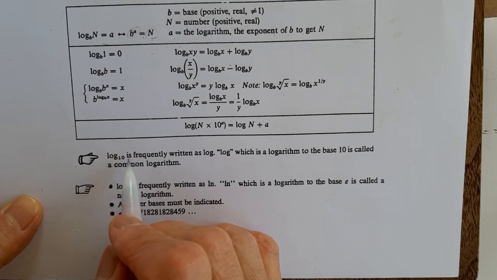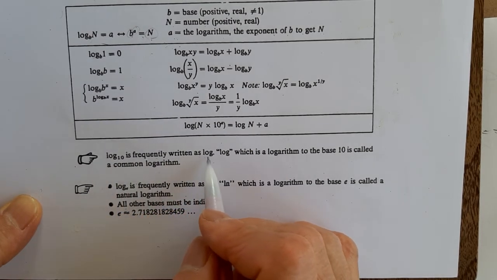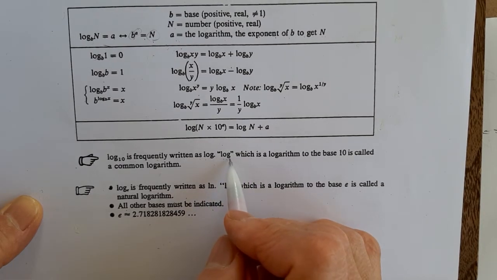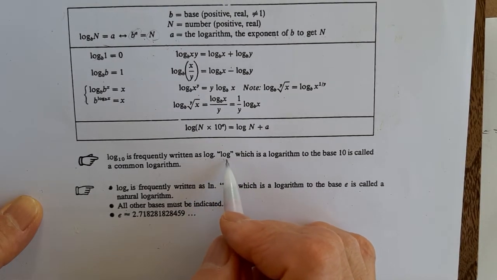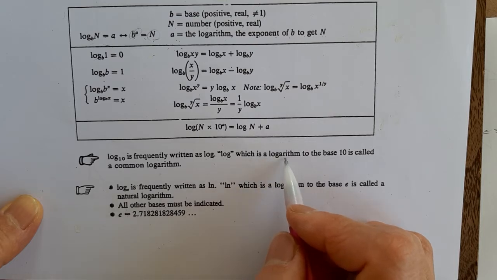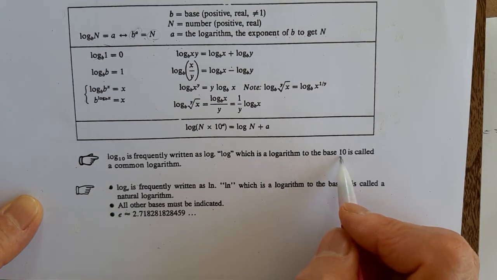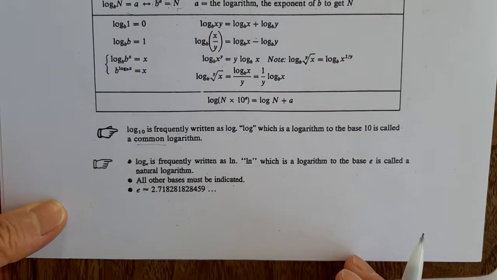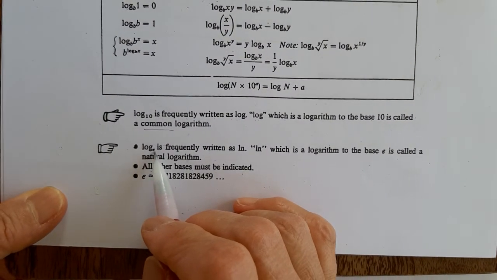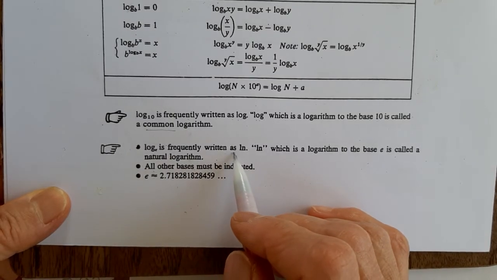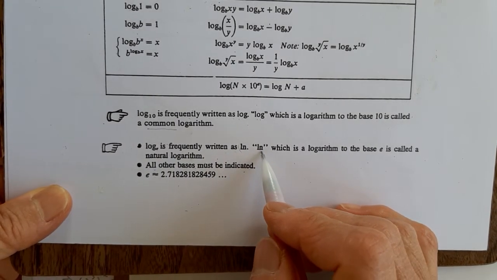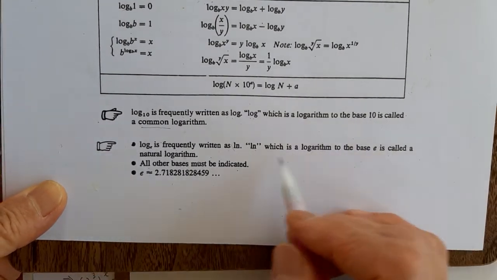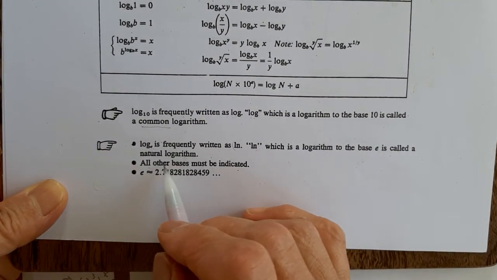You can see this in your notes. Log with base 10 is frequently written as just log, with no 10 put down. A logarithm to the base 10 is called common logarithm. And log with base e is frequently written as ln, a logarithm to the base e, called natural logarithm.